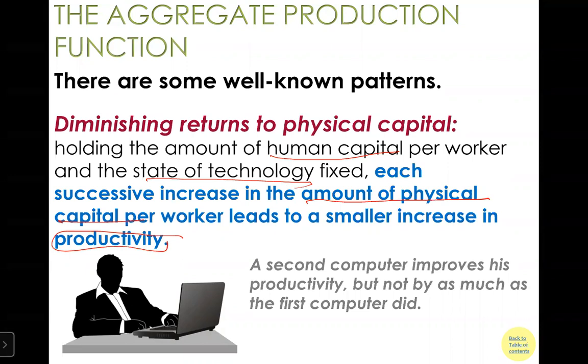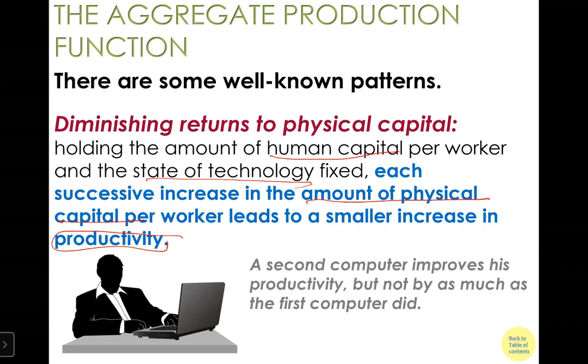Economists found that additional physical capital contributes to productivity in a smaller and smaller fashion. This is called diminishing return to physical capital.